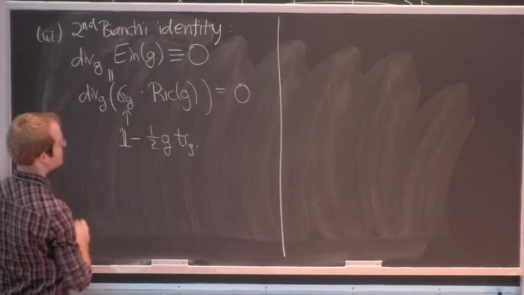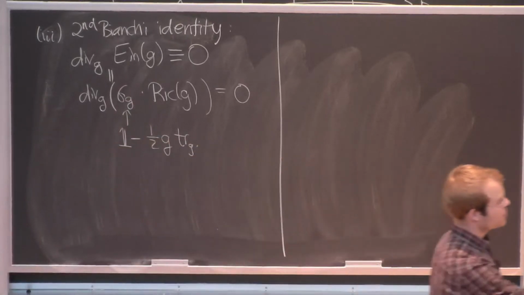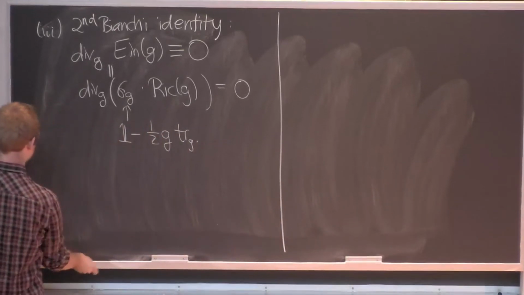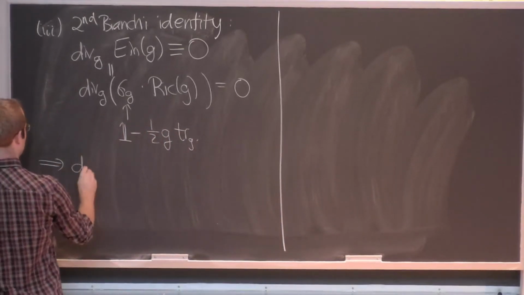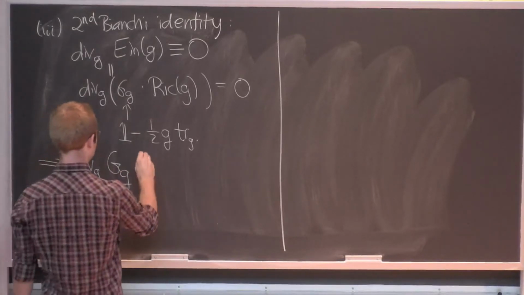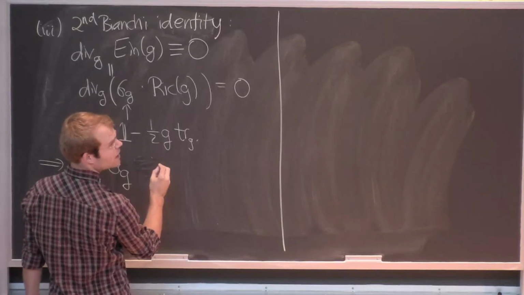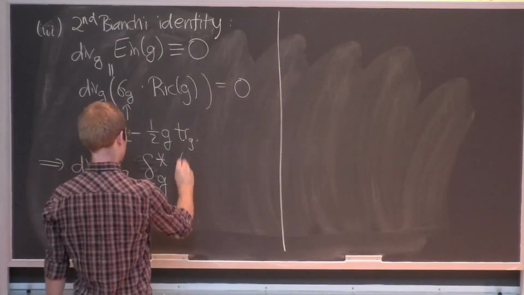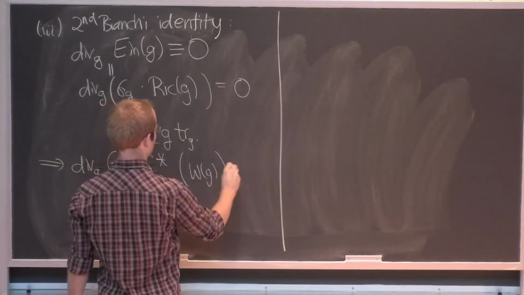Okay, so if you use this identity now and apply it to the reduced Einstein vacuum equation, then the Ricci tensor disappears. So you get that the divergence of this capital G applied to the symmetric gradient delta star of W of G is equal to 0.